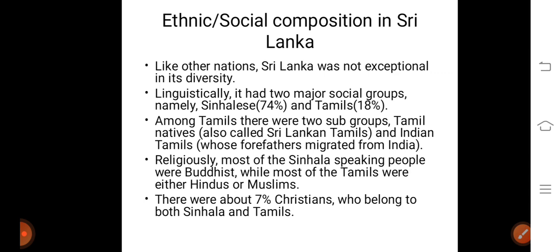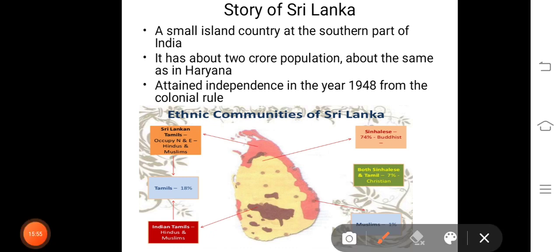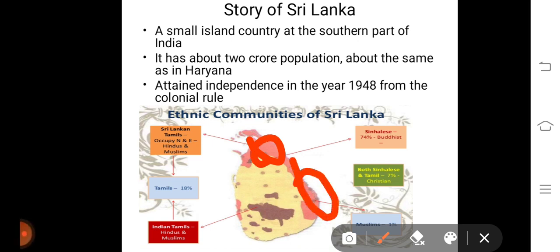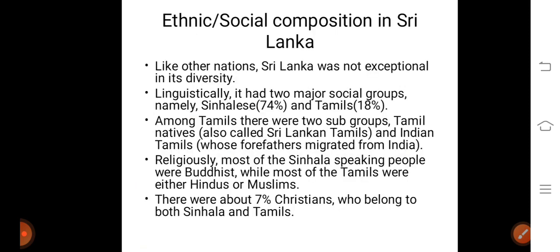For more clarification, I would like to show you the map of Sri Lanka again. I have said that the Sri Lankan Tamils basically inhabited the north and eastern part. So I will show you what is north and what is east. This portion is the northern portion and this is the eastern portion, right? And this portion is almost the southern part.